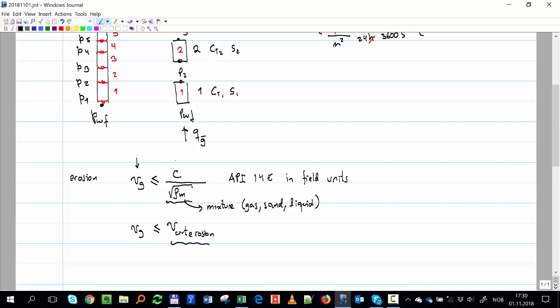We have a constant, I think we are going to use 100. We will see the equation now, but I need the density. To make our life simple, we assume we have nothing else but gas: no sand, no liquid. So the density of the mixture is essentially the density of the gas. Very close.